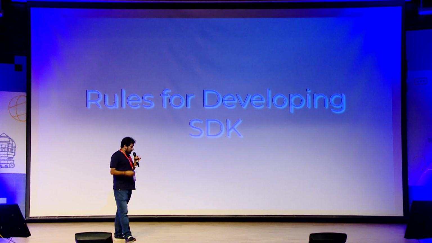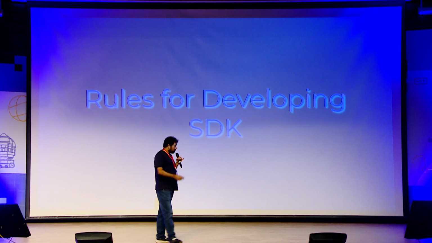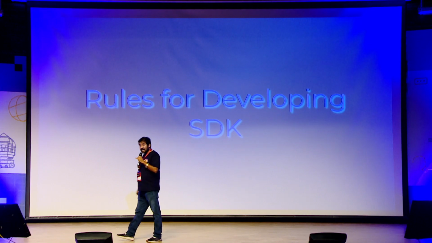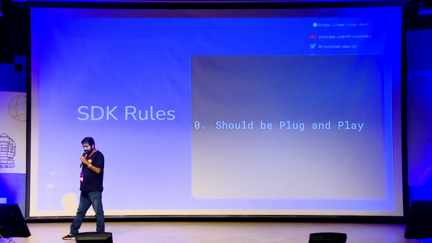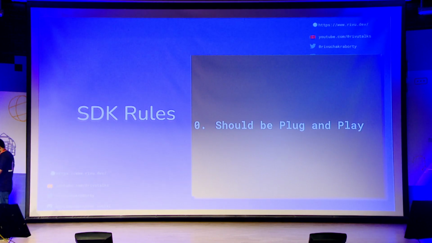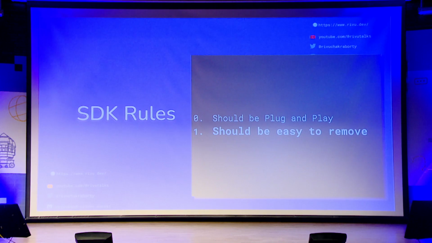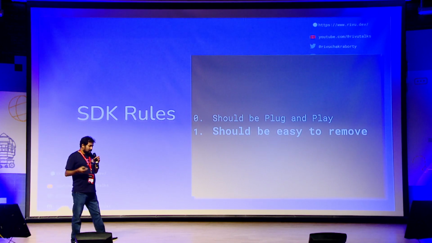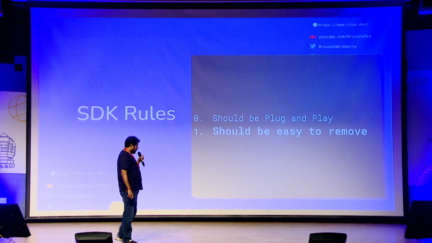Now, while developing an SDK, you have to follow certain rules in order to make that SDK usable. So the first rule of an SDK is that it should be plug and play, right? Or zeroth rule. It should be plug and play. Should be easy to remove. It kind of is a subpart of that first rule, but yeah, it still can be considered a separate rule.